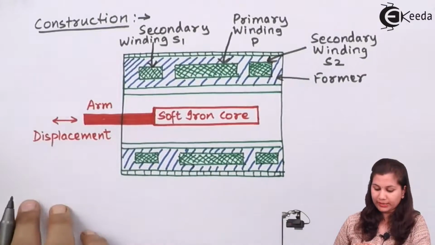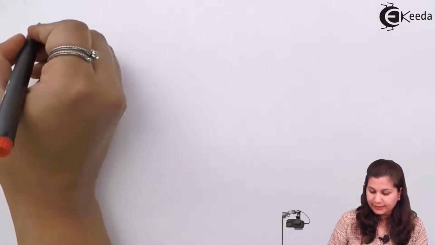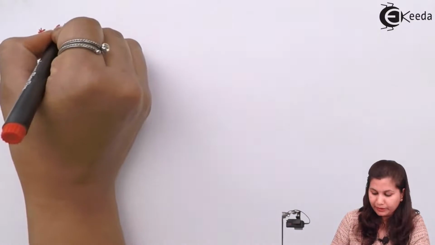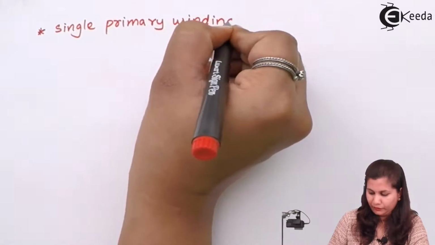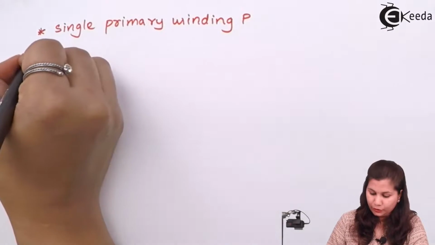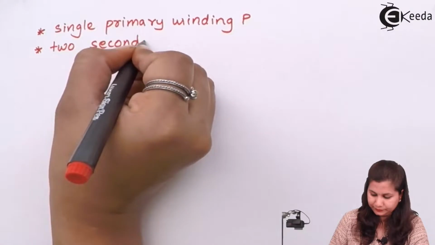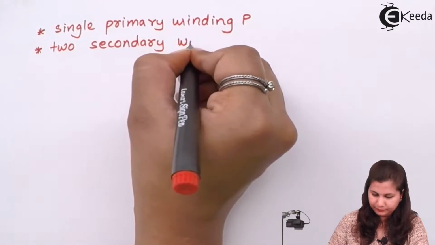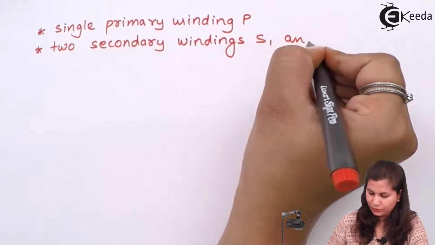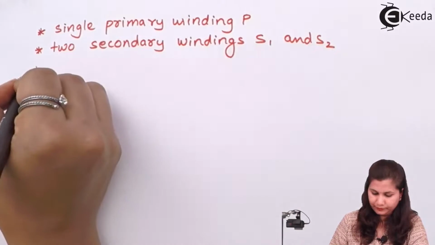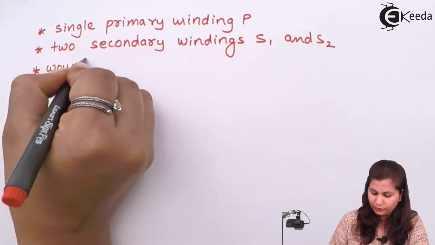If we talk about its construction, we have a single primary winding, which is denoted by P, and two secondary windings, S1 and S2. These windings are wound on a cylindrical former.